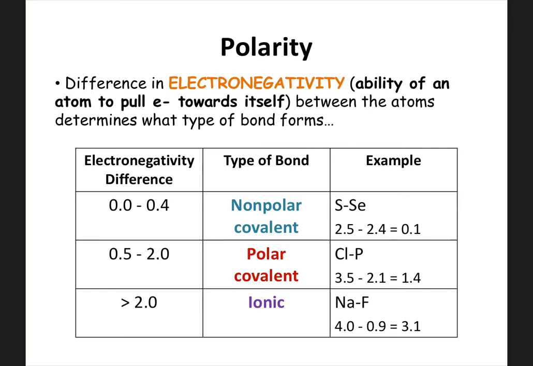Metals don't want their electrons, non-metals want the electrons, so you would expect a very large difference. So polar is when there is a difference between the two atoms, but not so great that it's an ionic bond.